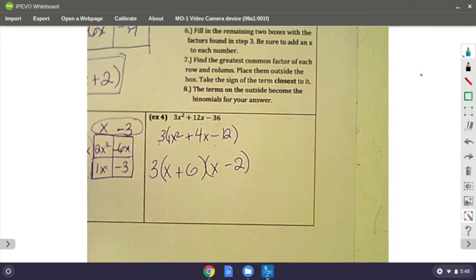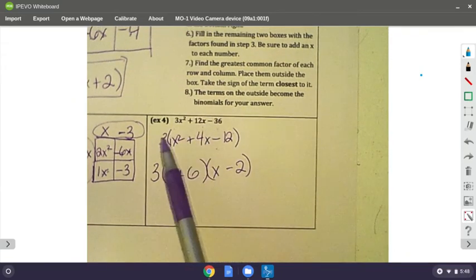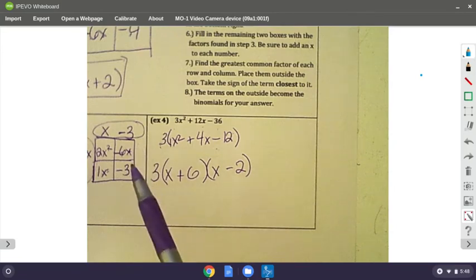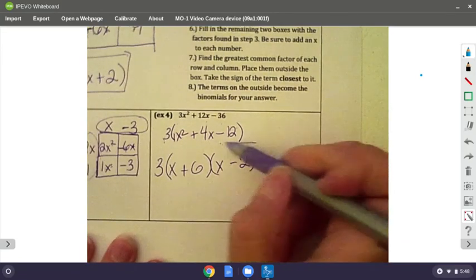So see how I was able to identify the GCF, take it out, and then factor in the other easier method. If I didn't notice that I could take out a GCF, I could have done this the regular way that we just learned. But then 3 times 36 is a pretty high number, and I wouldn't ask you to do one with numbers that high. So this would be your answer there.